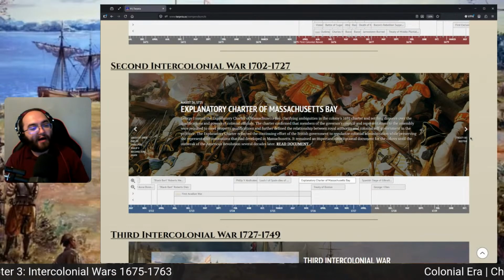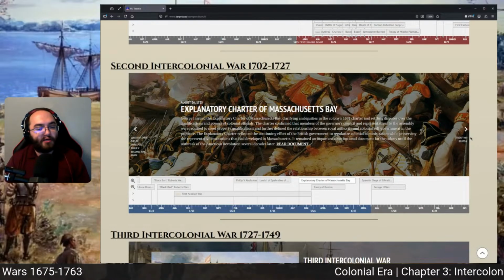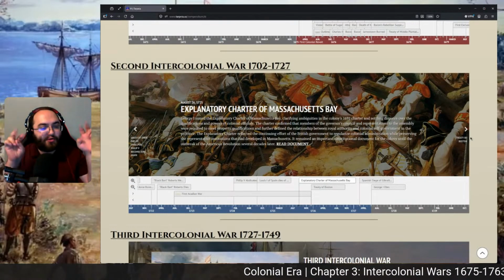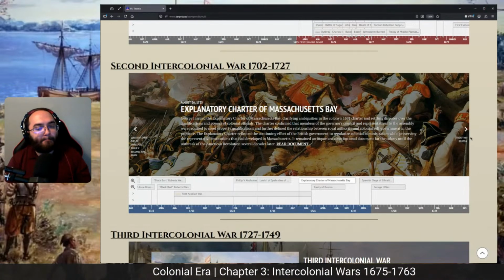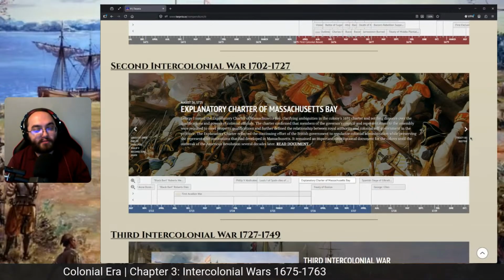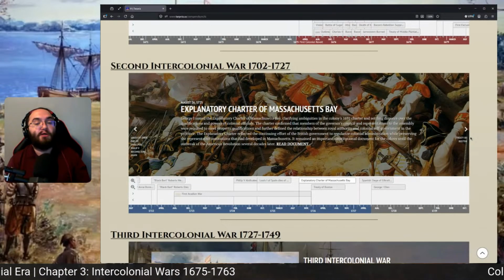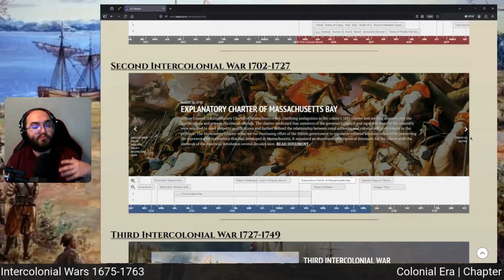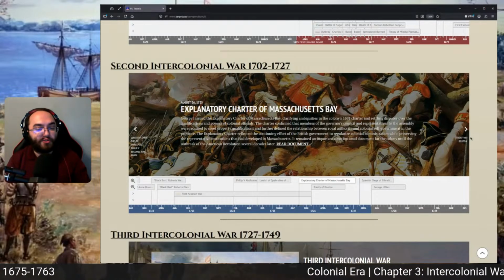So I want to challenge the concept of salutary neglect, which is a term used in Parliament during the lead up to the American Revolution.